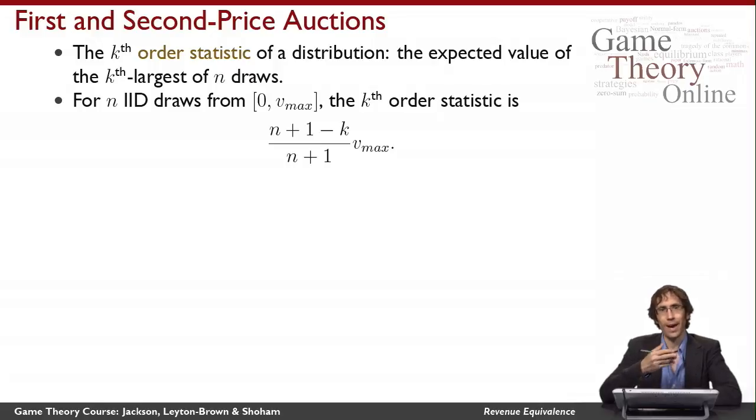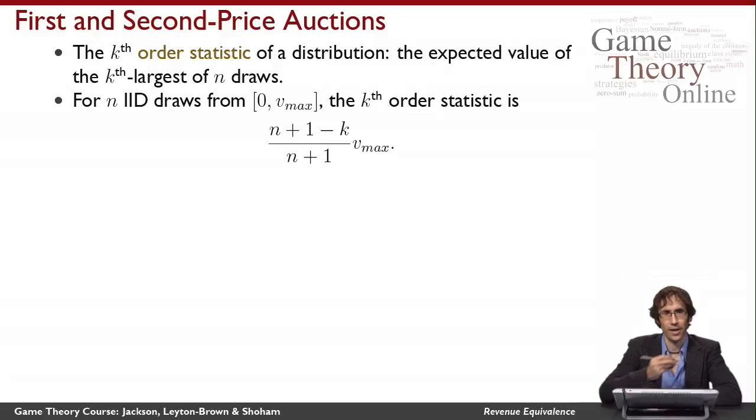What is the expected value of the biggest of those draws? Or what is the expected value of the second biggest of those draws? Those are questions about the first order and second order statistics of that distribution, for k equals 1 and 2 and for n equals 5.